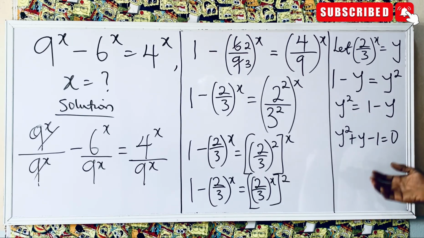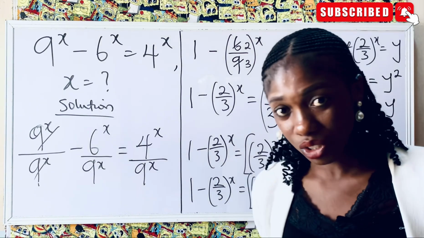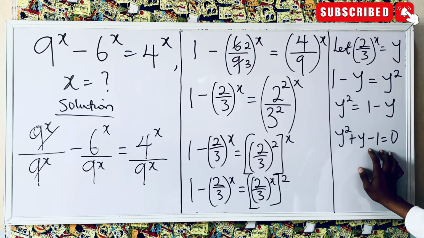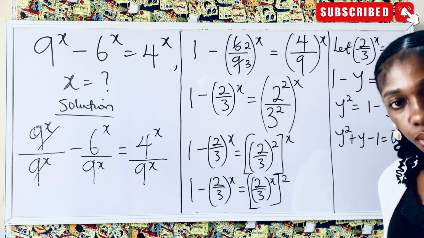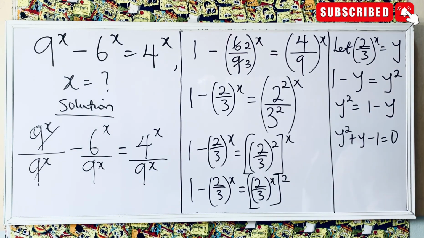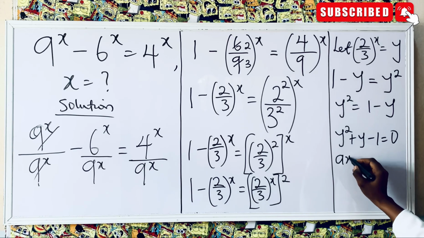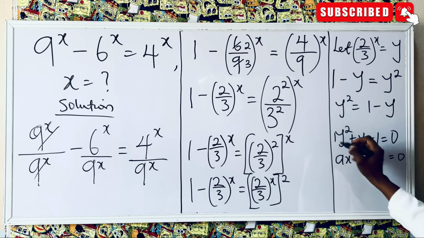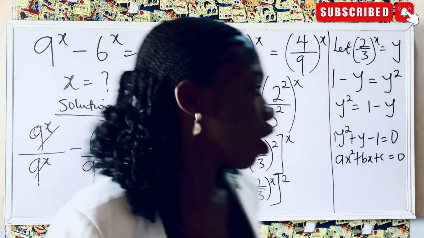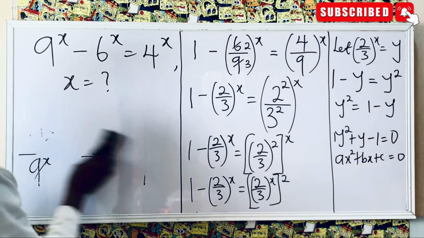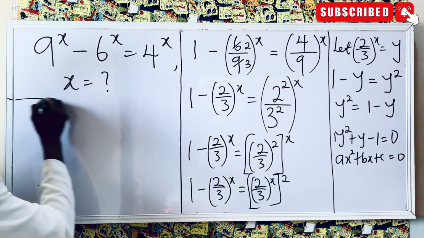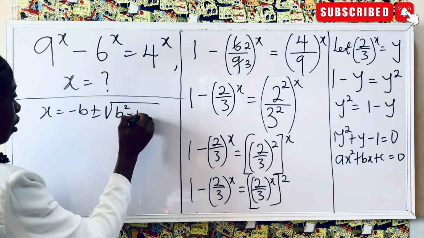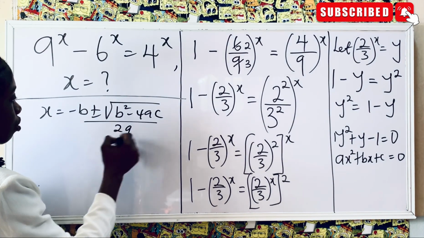So we're going to solve this. There are so many ways you can solve this equation, but one of the ways we can choose, because we cannot factor this, is to use the formula method. So remember your formula, which we got from the general quadratic equation, which says that x is equal to negative b plus or minus the square root of b squared minus 4ac, all over 2a.